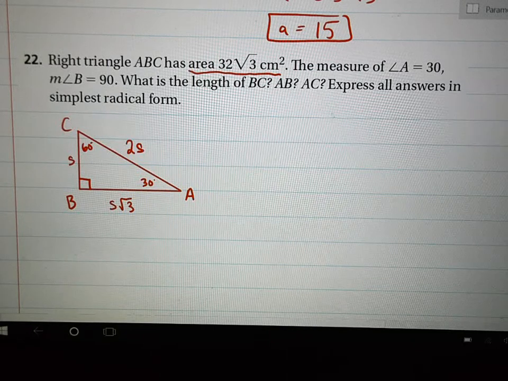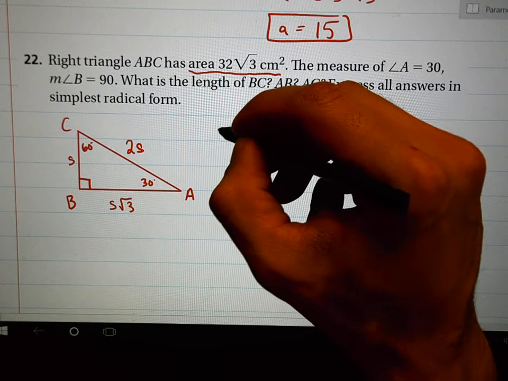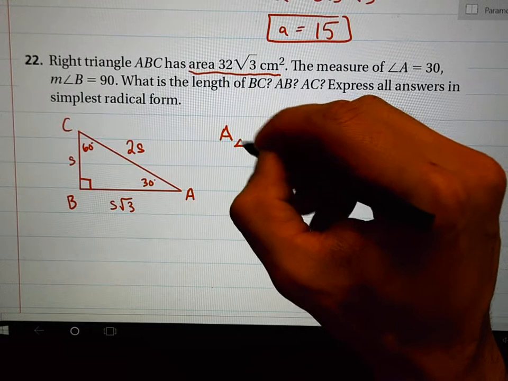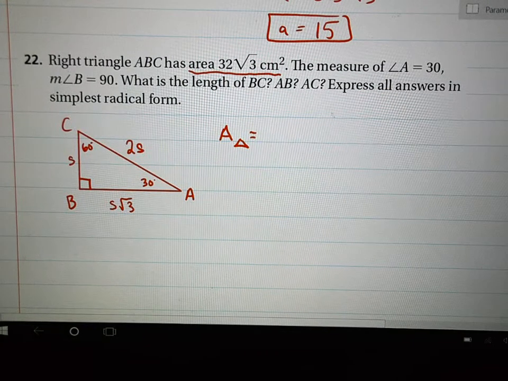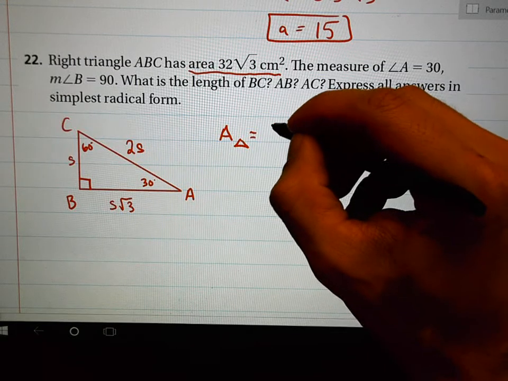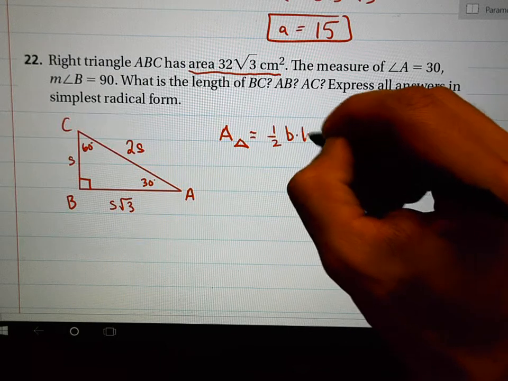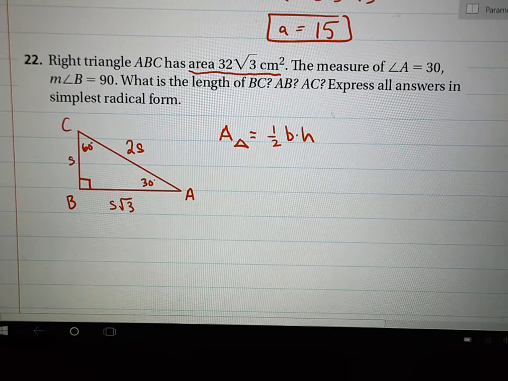So I have to know what the area of a triangle formula is. I think you learned this in 5th or 6th grade. The area of a triangle, what's the formula? I like it. Now let's start plugging some things in.